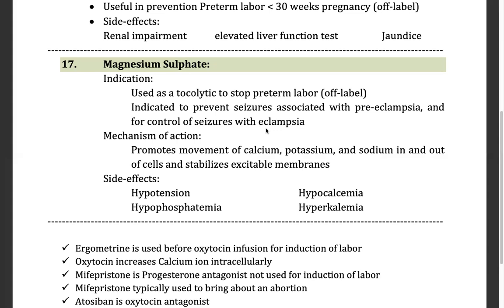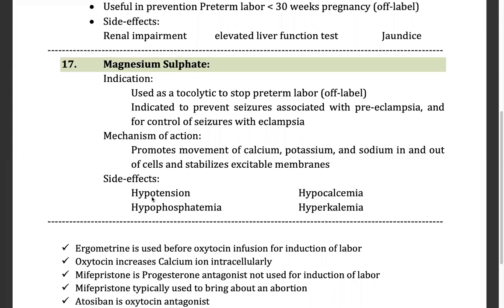How does it act? It promotes the movement of calcium, potassium, and sodium in and out of the cell and stabilizes the excitable membrane. It stabilizes the excitable uterus membrane, leading to relaxation.